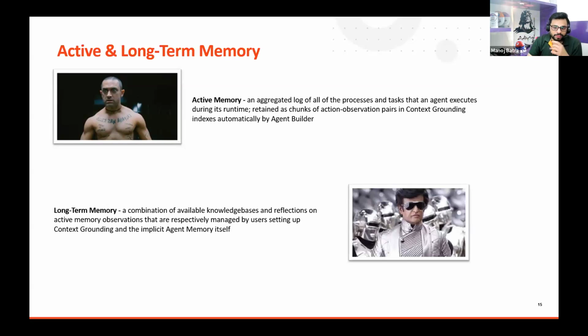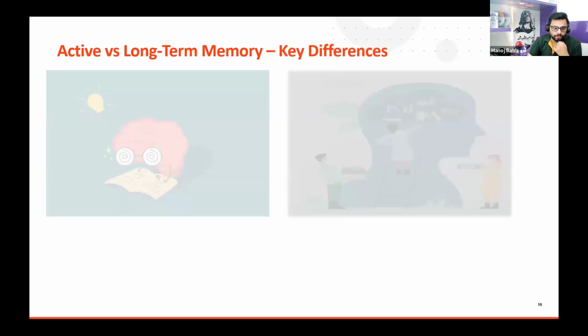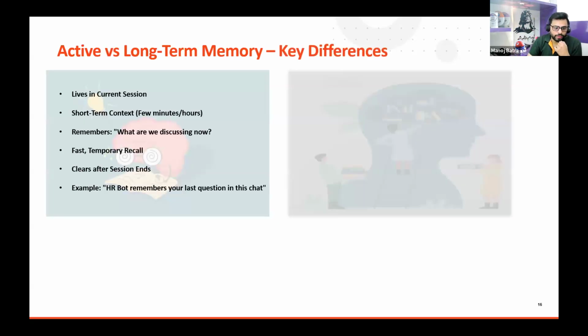Moving on to the next topic, I'll tell you about the key differences between active and long-term memory. On the left-hand side, you can see the active memory only lives in the current session. If you create a new session, the information gets lost. So it is a short-term context. It only remembers what we are discussing now.